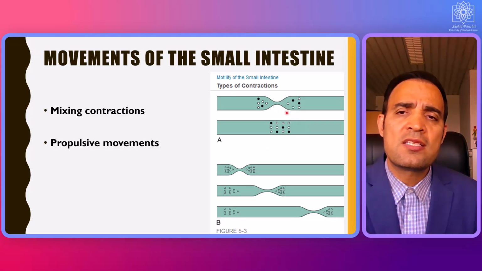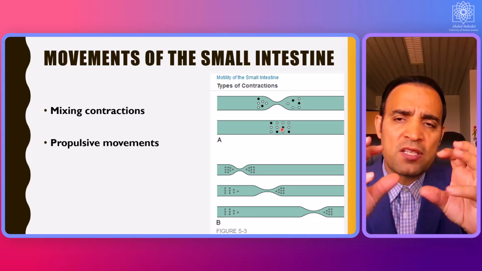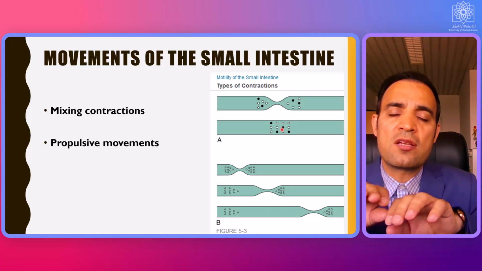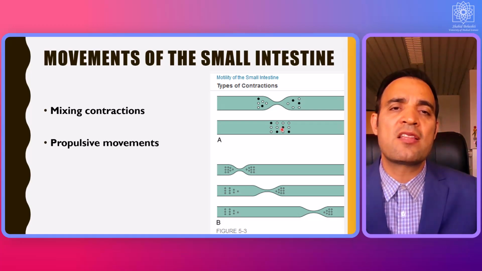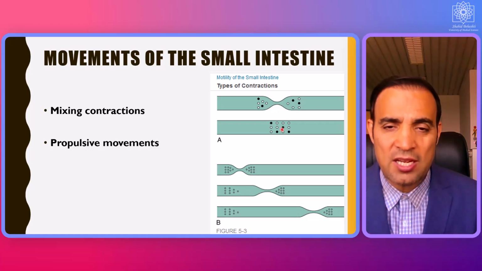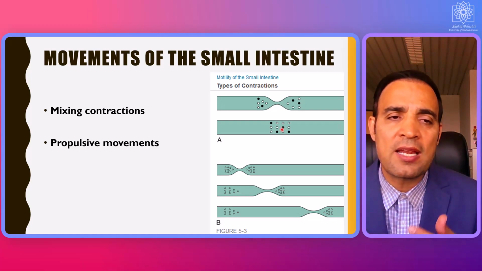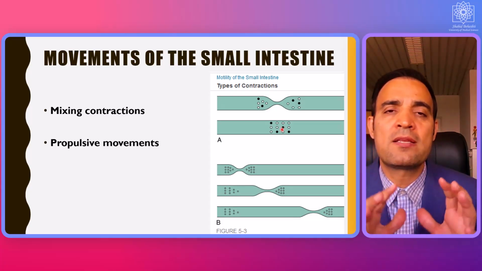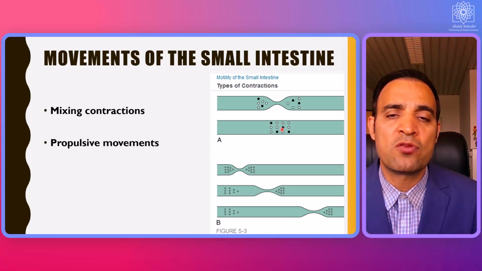And you see this contraction that is happening between the food content, it moves the food in two directions, and then another contraction in other two directions, and this will repeat again and again, and completely mix the food content.